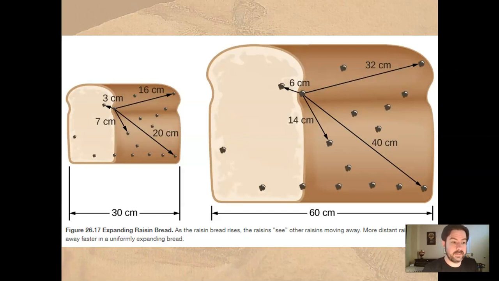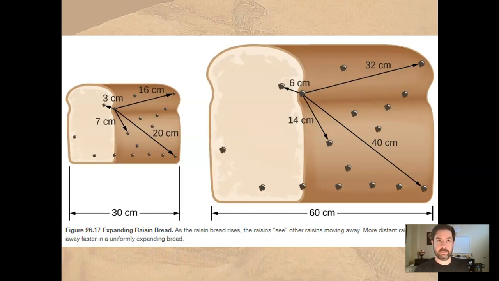All right, so let's say this is our home raisin, right? The closest, the next raisin to us is 3 centimeters away. The furthest one is 20 centimeters away. So let's say after an hour of baking, here's our home raisin. That next closest raisin is now 6 centimeters away.